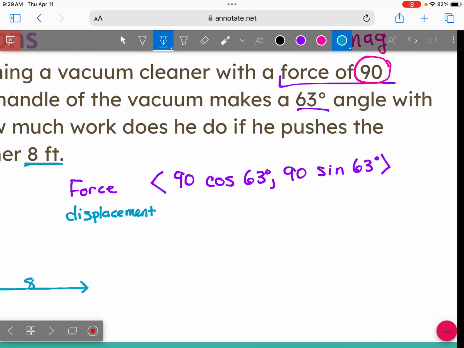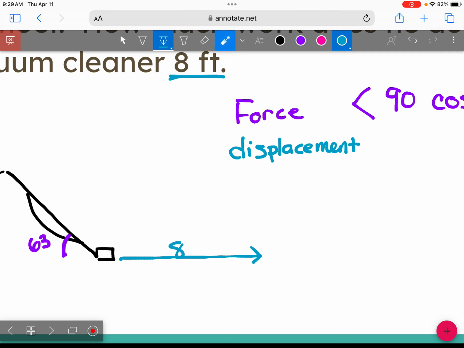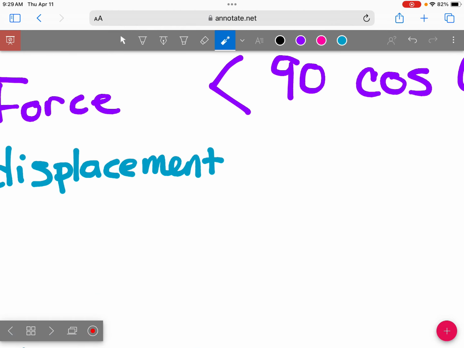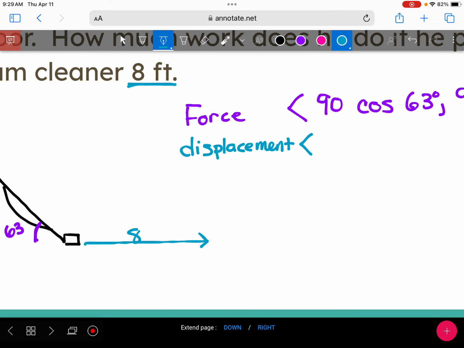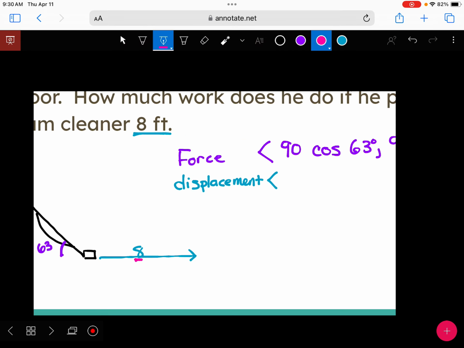Our displacement is dealing with this 8 feet this way. What is the angle on our displacement here? 0. It's going straight east, like from our standard position. So standard position here is 0. So our displacement vector still uses its magnitude. What's its magnitude here? 8. It's going 8 feet that way. That's the magnitude, the amount of displacement we have.